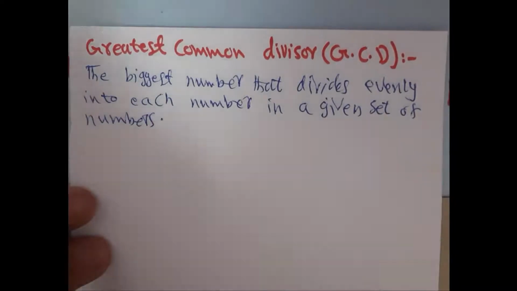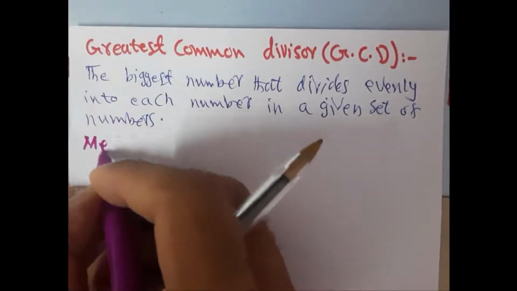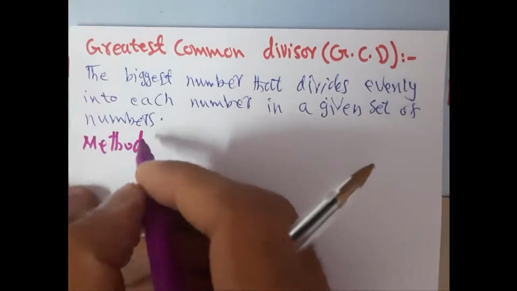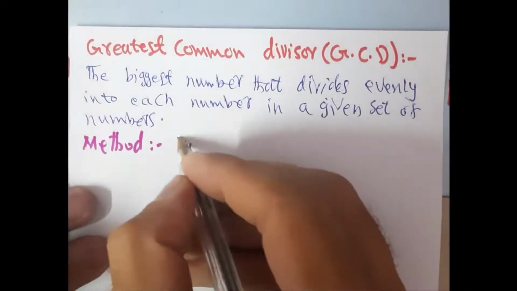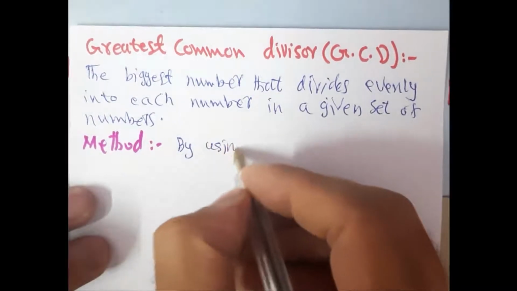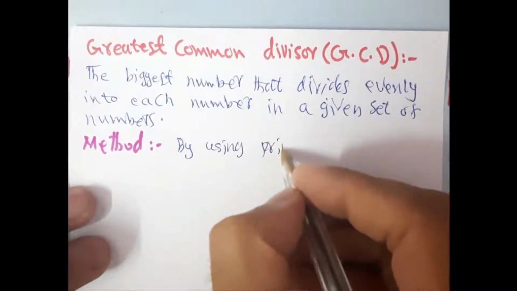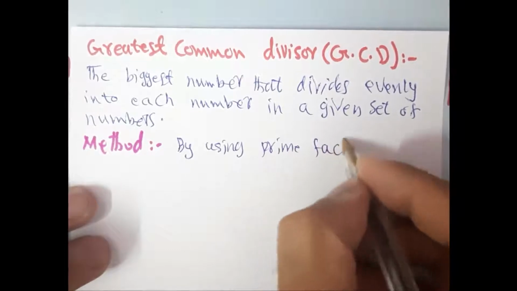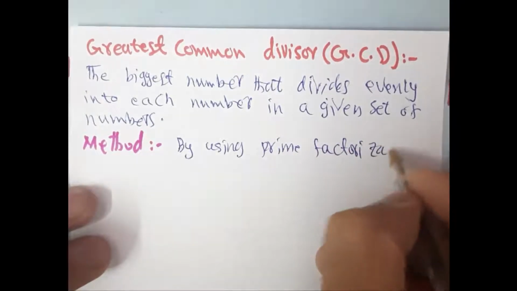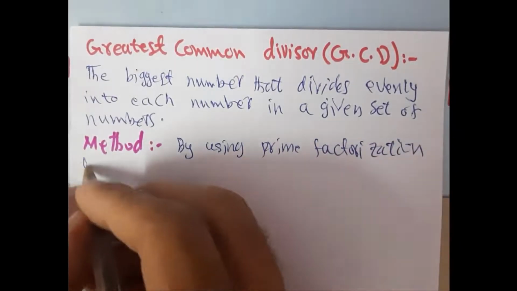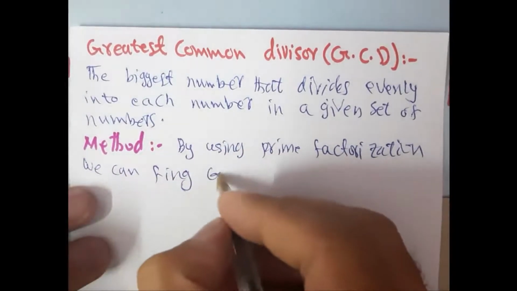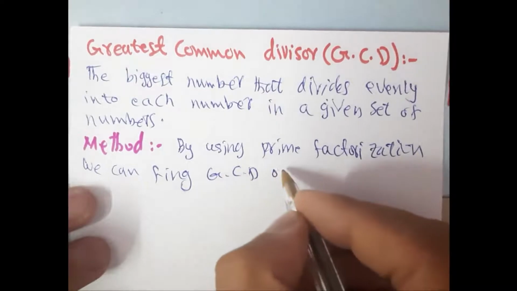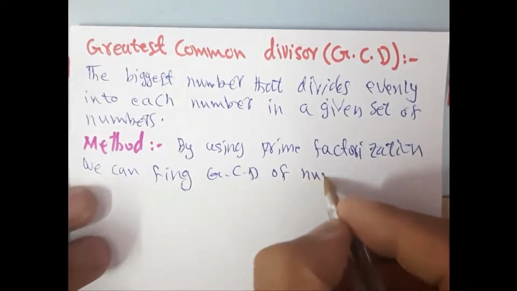Here we want to explain the method. By using prime factorization, we can find the GCD of numbers.